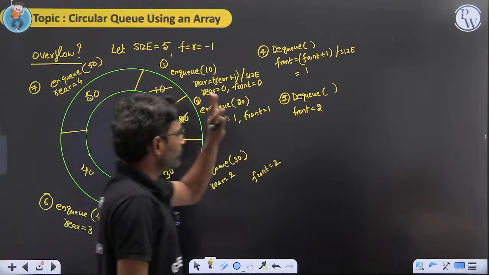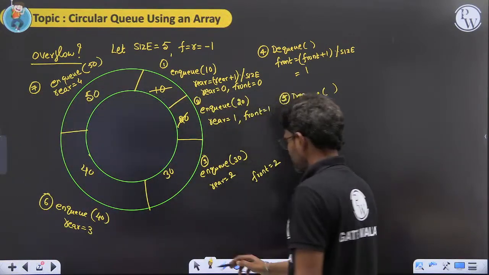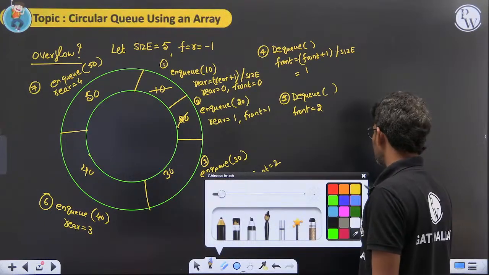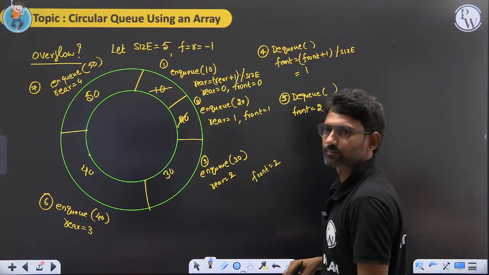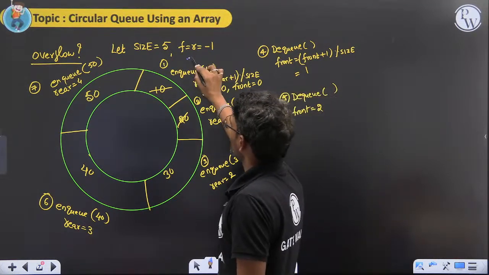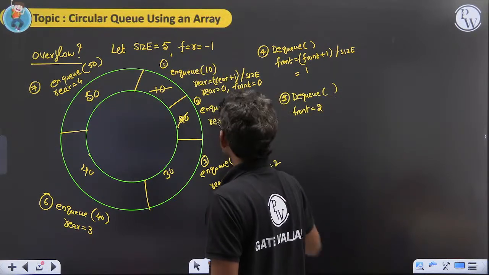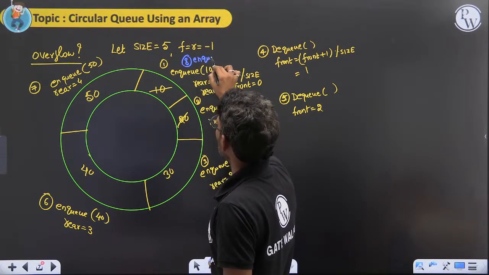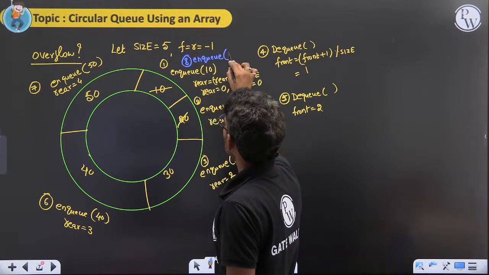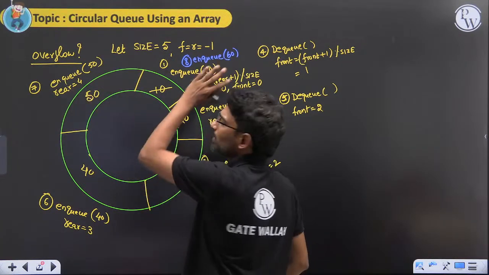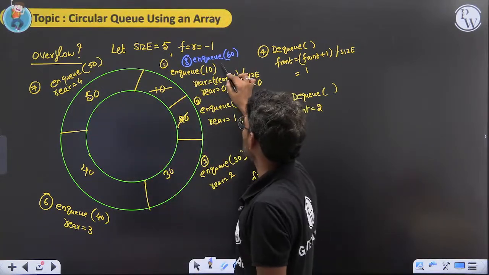Now I would like to perform further insertion. One more enqueue operation. Now rear will be 4 plus 1 mod size, 5 mod 5.